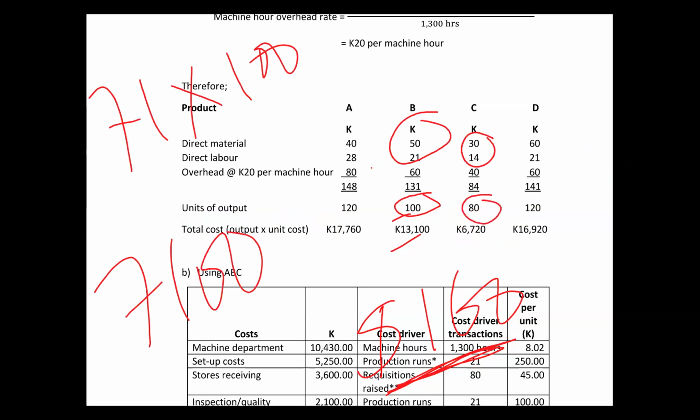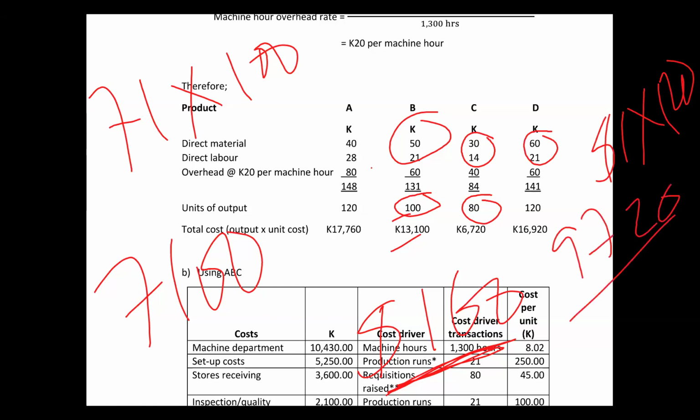That will give you the total prime cost. And 60 plus 21 giving us 81 times 120, the number of units, giving us 9,720. These are the total prime costs for each of the products, and I have shown you how we find them.